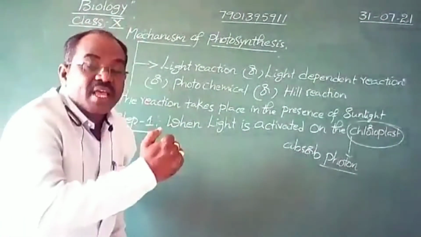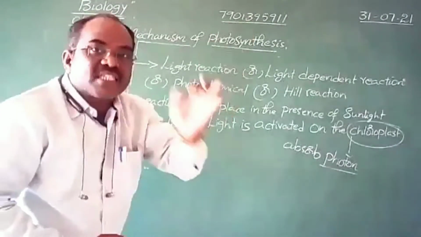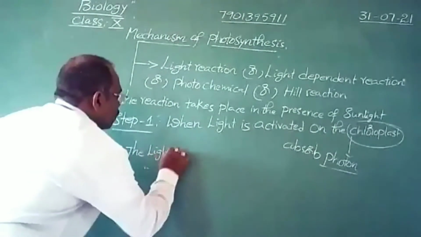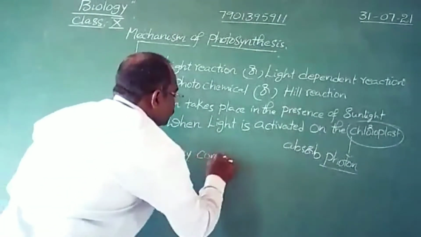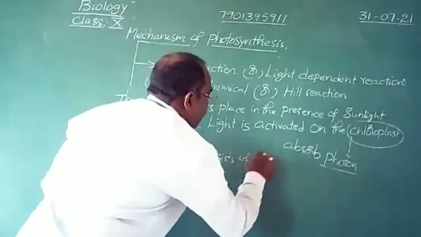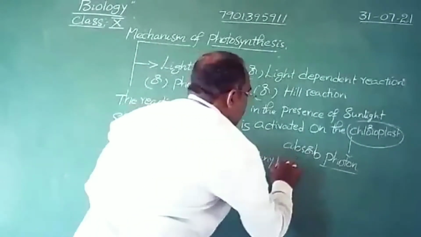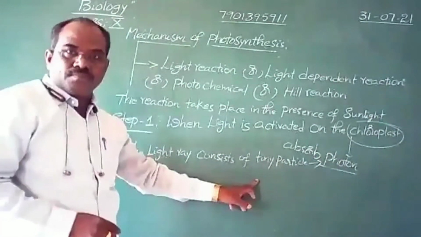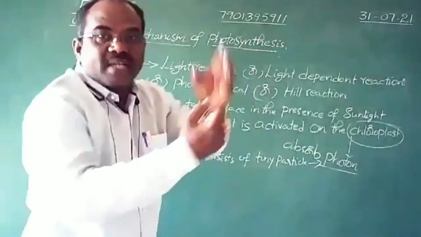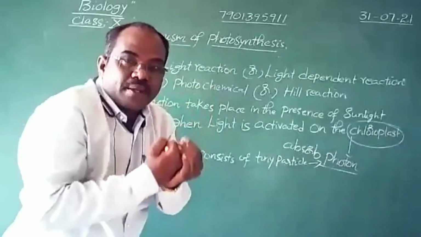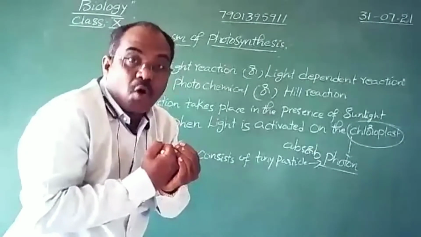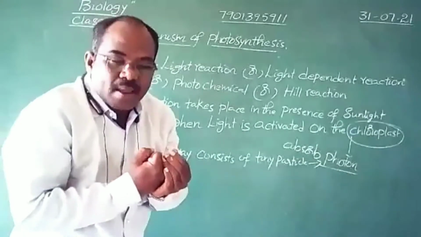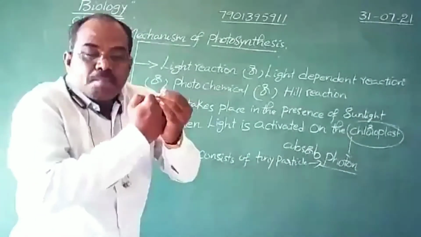The light ray consists of tiny particles. A tiny particle is called a photon. Photon means the light ray consists of tiny particles.